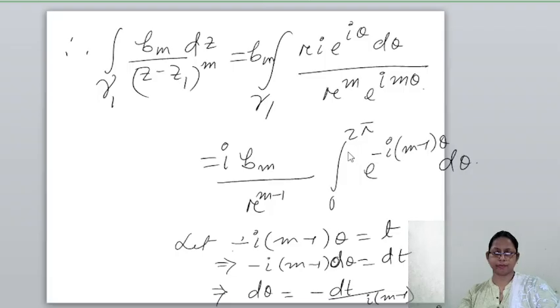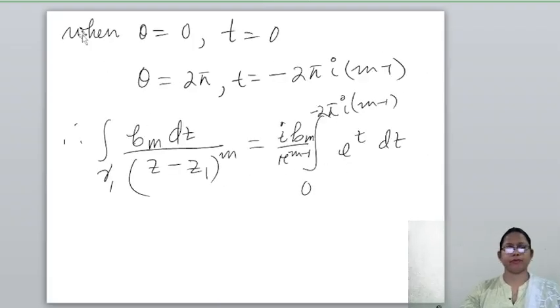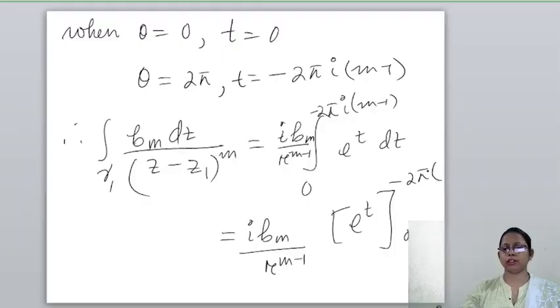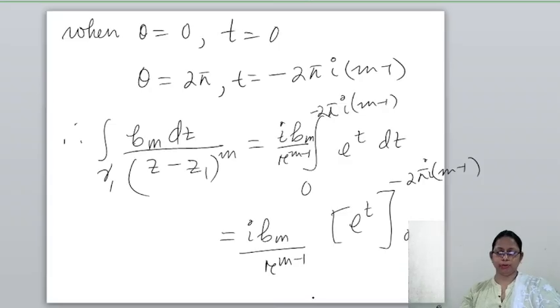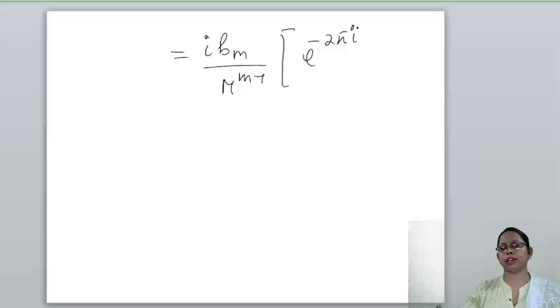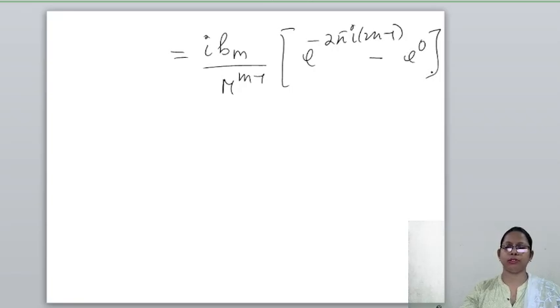This is equal to i b_m r^(m minus 1) times the bracket of e to the power minus 2 pi i (m minus 1) minus e to the power 0.